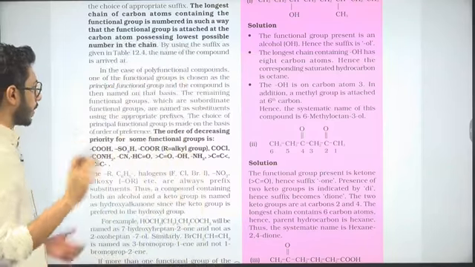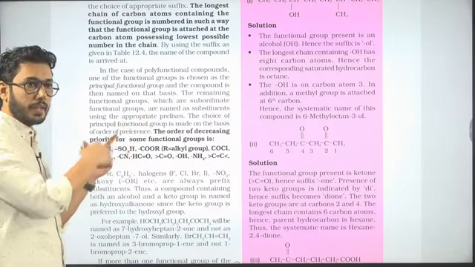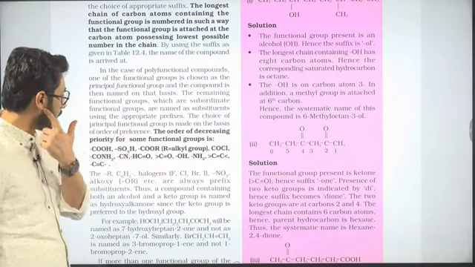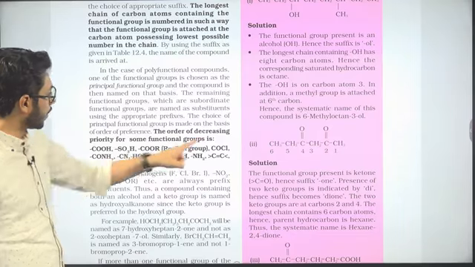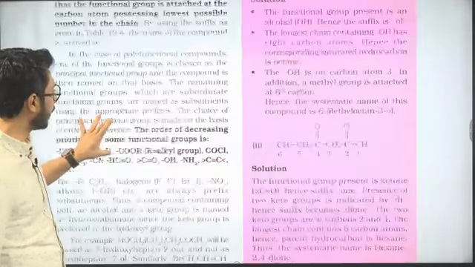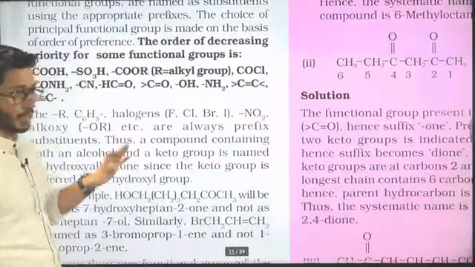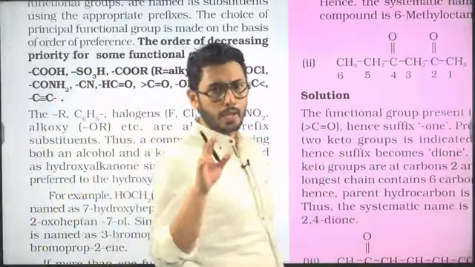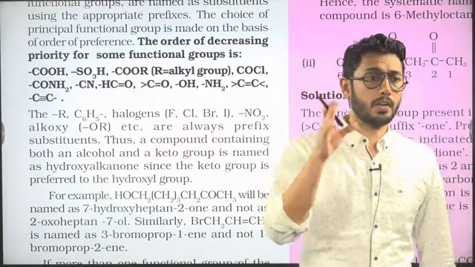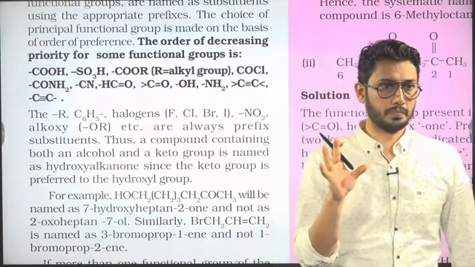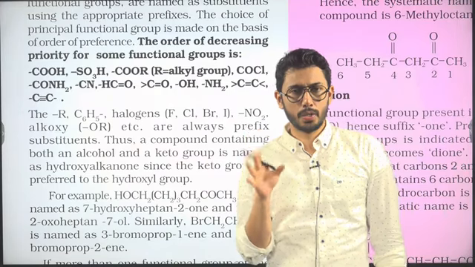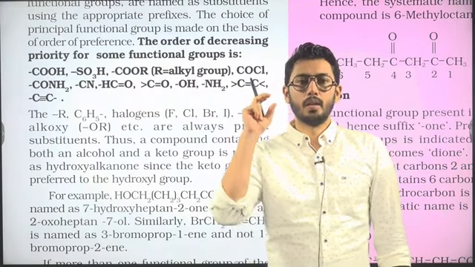Now, in the suffixes, as per IUPAC, it is the seniority order given here. When the parent chain is selected, we select the chain which should contain the functional group.